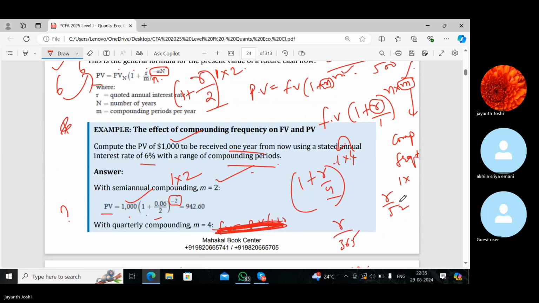I want to ask you a question. Write down: compute the future value of $1,000 received as on today and held for 1 year, with a stated interest rate of 6% and a range of compounding periods.